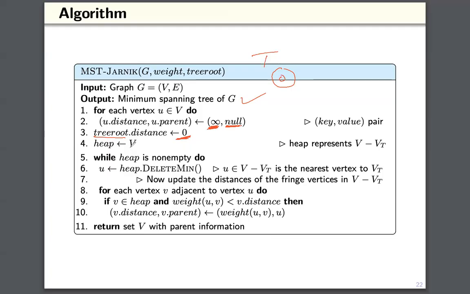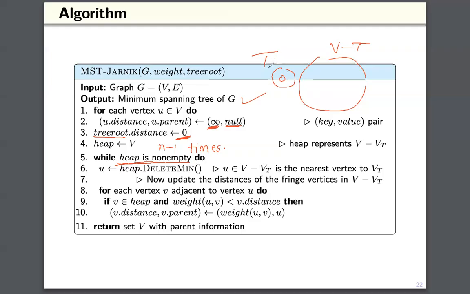Okay, then heap is V. So as I said, you want to keep V minus T in your heap, right? So heap is initially V. While heap is non-empty, how many times will this run? Definitely n minus 1 times. Why?